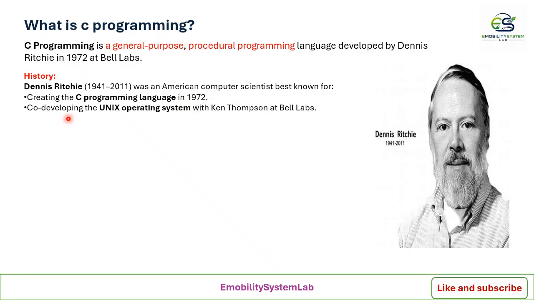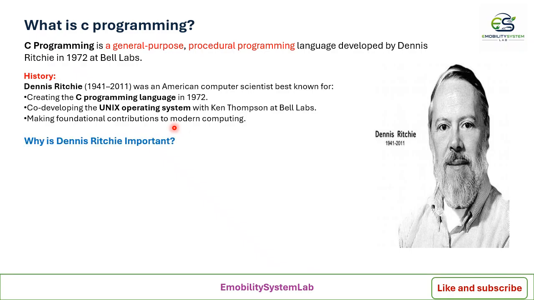And apart from the C programming language, he also co-developed the Unix operating system with Ken Thompson at Bell Laboratories. So he also gave some contribution. I would say it is not just some contribution. He gave a huge contribution to modern computing.